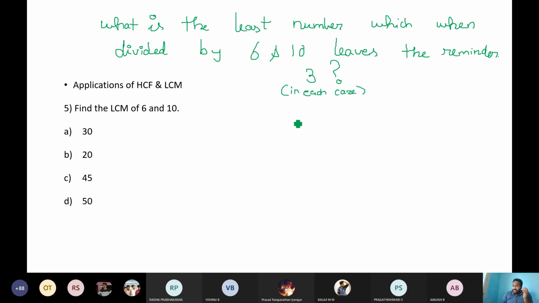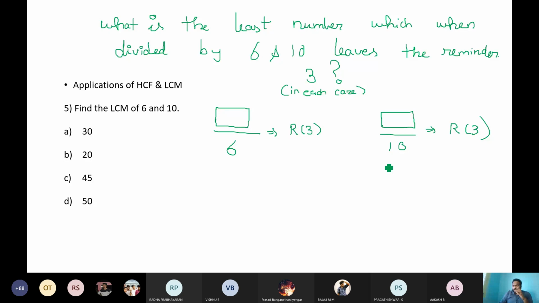Which means they're asking us to find out a number. If I divide it by 6 also, the remainder should be 3. If I divide this particular number by 10 also, then the remainder should be 3. That is what they're asking us to find out.